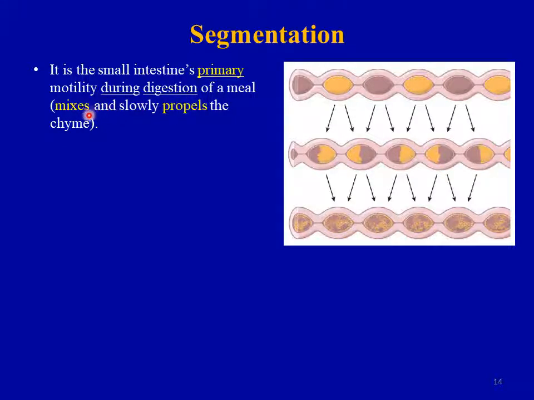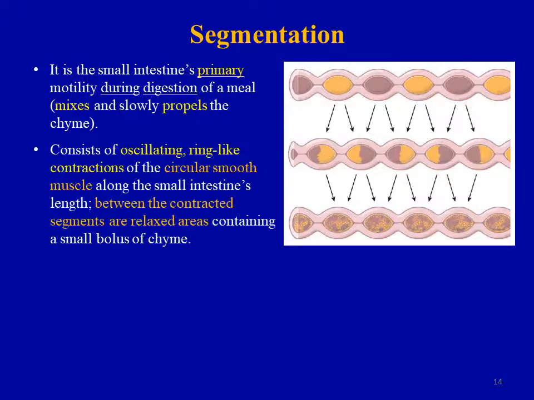So segmentation doesn't only mix but also propels, which should be a function of peristalsis, but in the small intestine, segmentation is also responsible for propulsion. It consists of oscillating ring-like contractions of the circular muscles, as we see here in this illustration, along the small intestine's length.